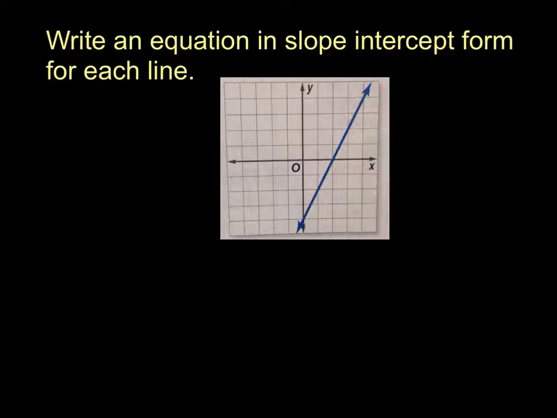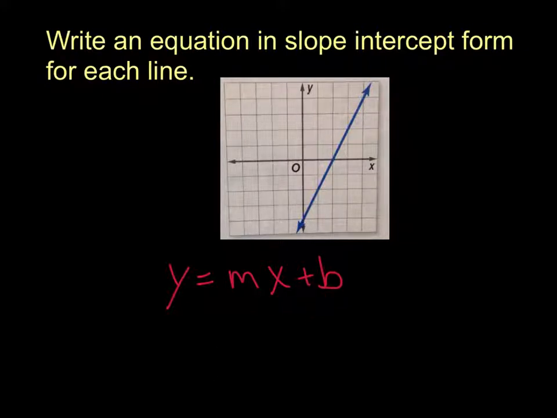So in this case, we can do the same thing. We can write an equation in slope-intercept form for the line, but this one, our line is shown here on the coordinate plane. We're going to start with our slope-intercept form: y equals the slope times x plus the y-intercept. The first thing we want to do is find this y-intercept.